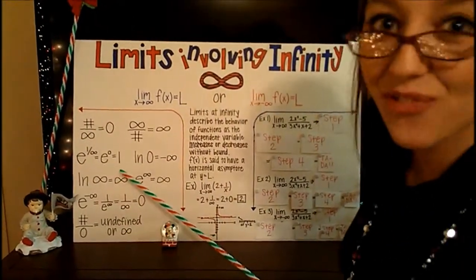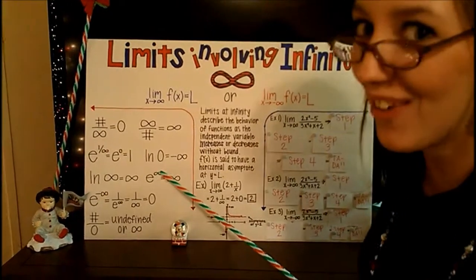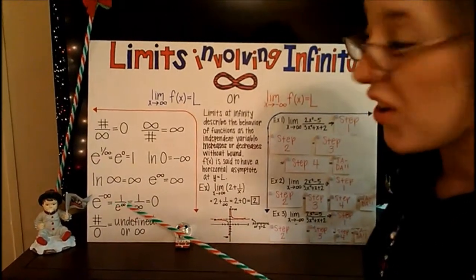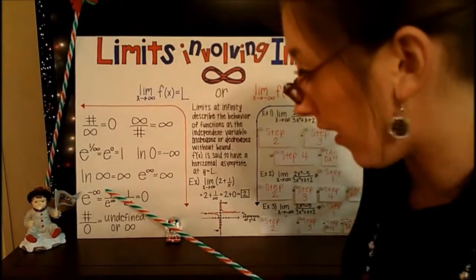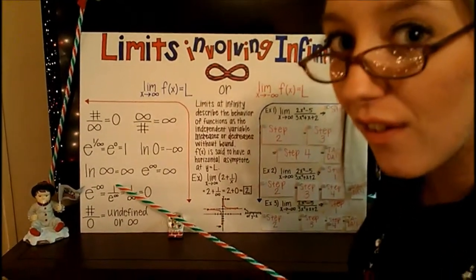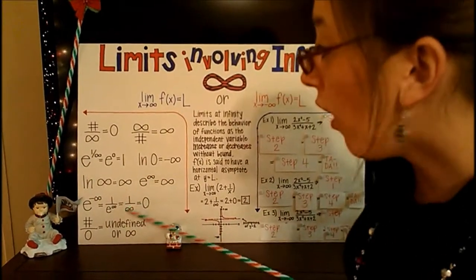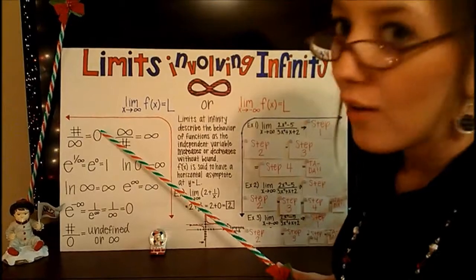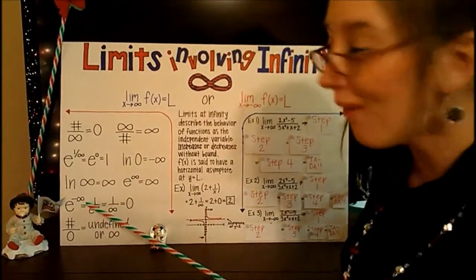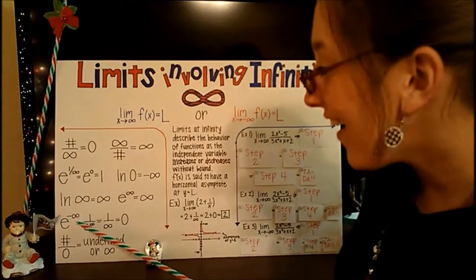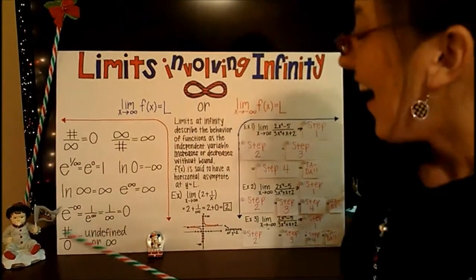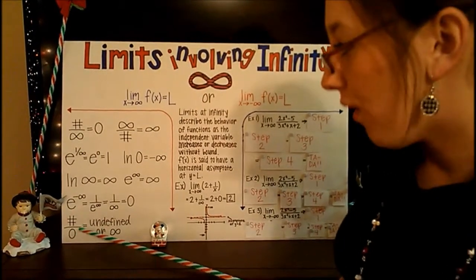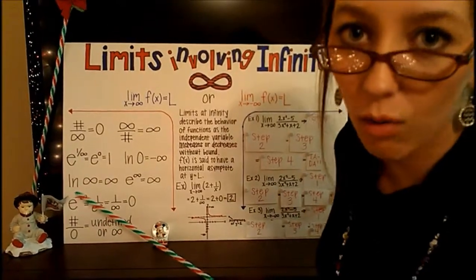And e to the infinity is equal to infinity. e to the negative infinity is equal to 1 over e to the infinity, which is equal to 1 over infinity. And if you folks remember, 1 over infinity is a number over infinity, which is 0. So, e to the negative infinity is equal to 0. And last, a number over 0 is equal to undefined or infinity.